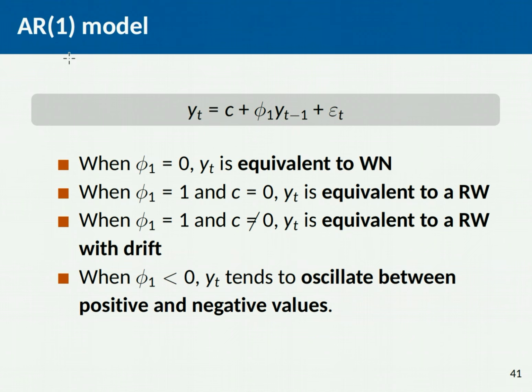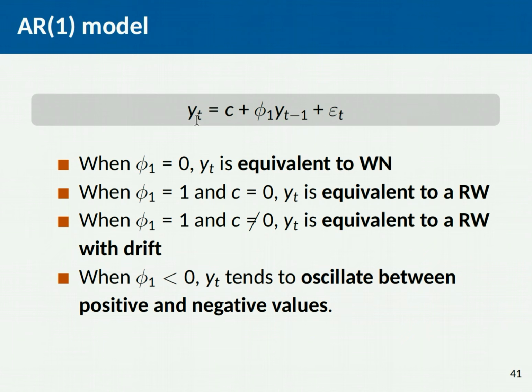Now, for an AR1 model, we want to remember that in its simplest form, this is how it can be written: yt equals some constant plus phi1 times yt minus 1 plus epsilon t, where epsilon t is white noise. So whenever phi1 is 0, that means the persistence parameter is 0, and the time series is just equivalent to a white noise process, right?